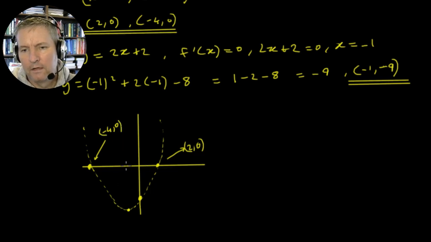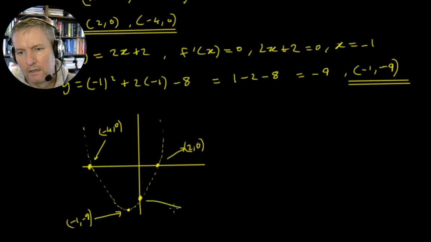You're going to have (-1, -9) for the turning point. And finally, you're going to have this point here, which is the point that crosses the y-axis, which is going to be (0, -8). So that's a rough sketch of the function.